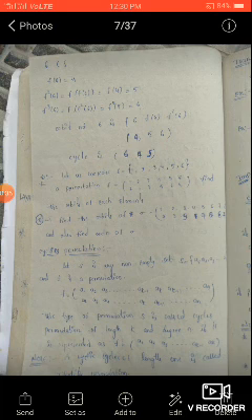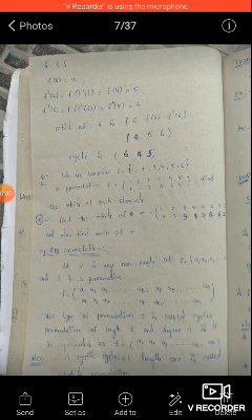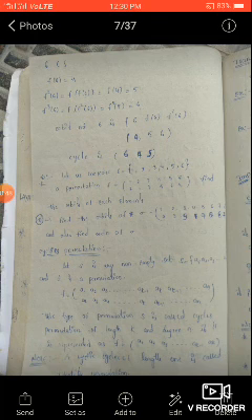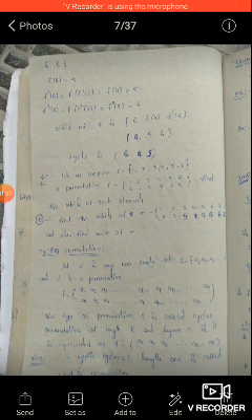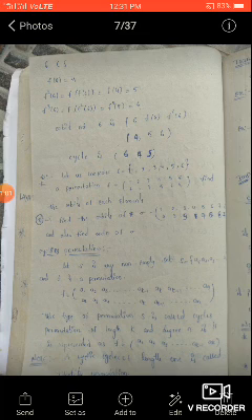So the cycle can be (2 3 4). This one is a cycle. In the same manner, we get another cycle, and after the second cycle, we may get a third cycle, a fourth cycle, whatever number of cycles we may get.